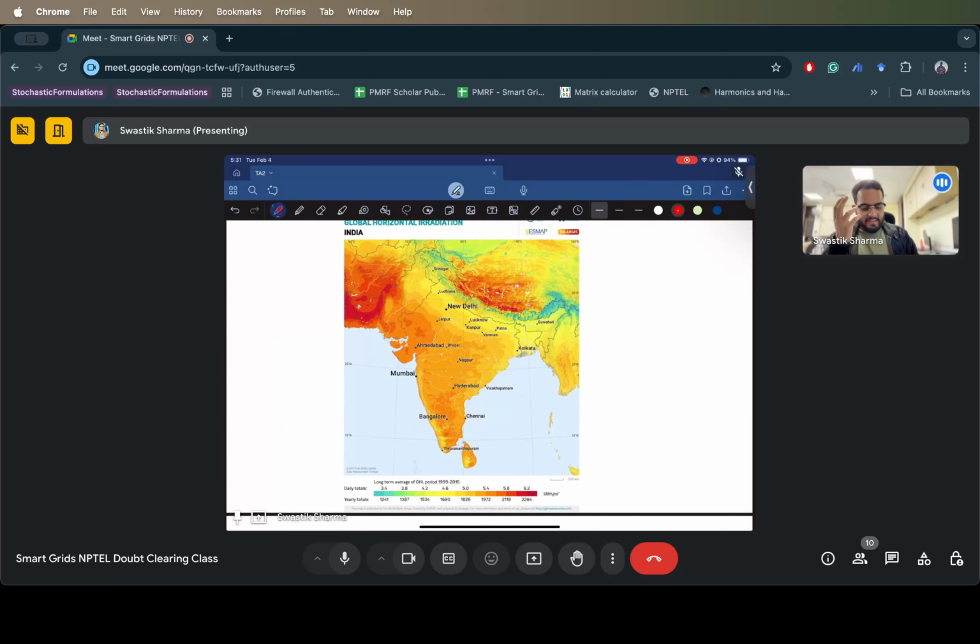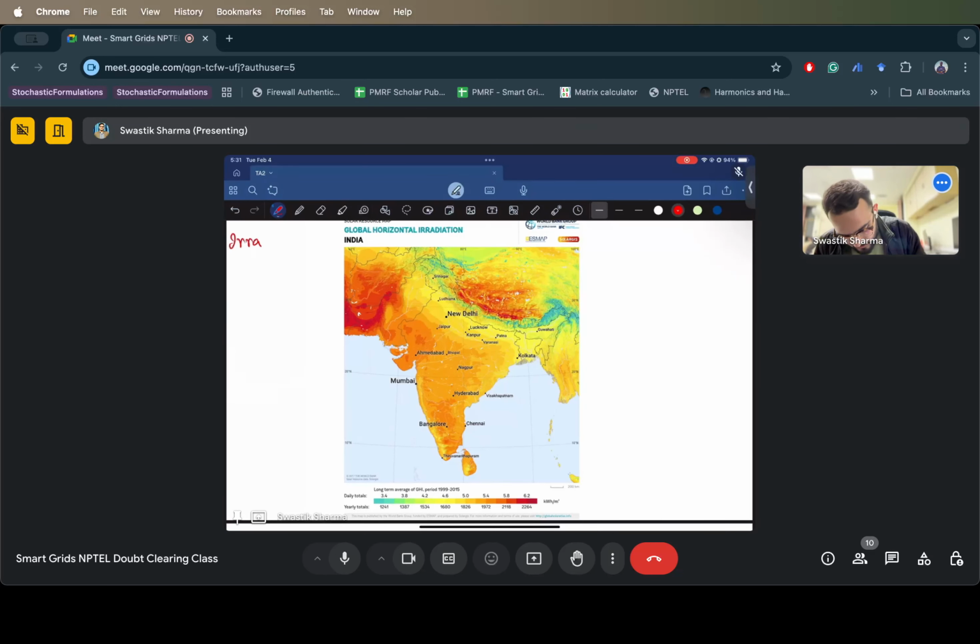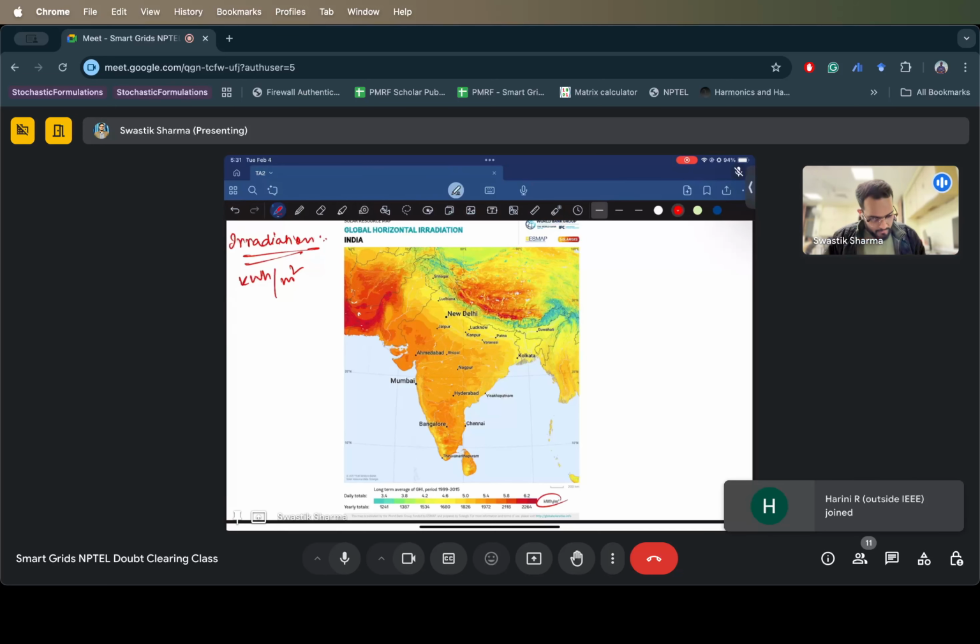What I mean by irradiation is, for per meter square of area, how much solar energy can be generated. So it's in kilowatt hour per meter square, right?